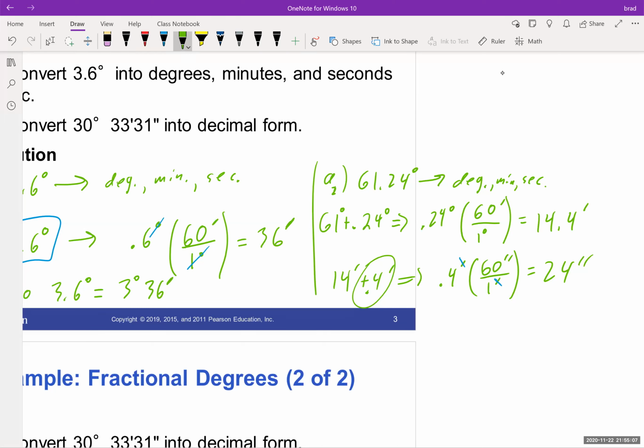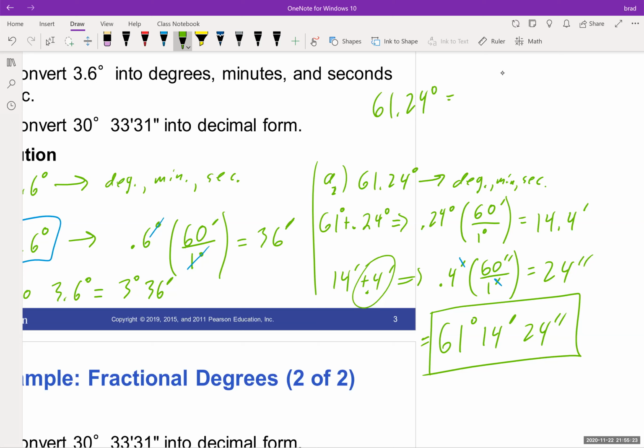So that means my final answer is 61 degrees, 14 minutes, and 24 seconds. Okay, so this would be my final answer. So 61.24 degrees is equal to 61 degrees, 14 minutes, 24 seconds. So this is another way to write this, okay?